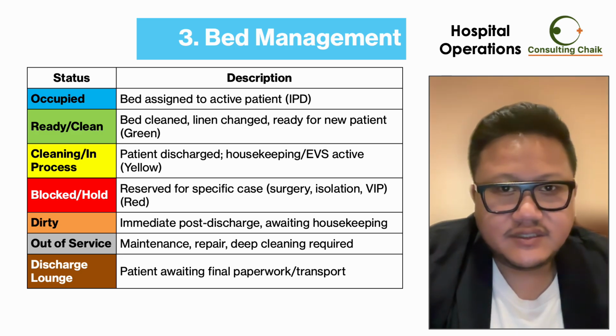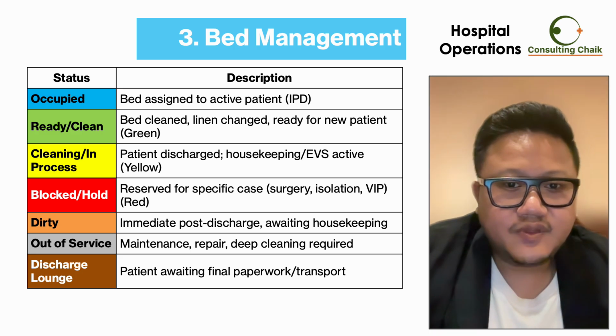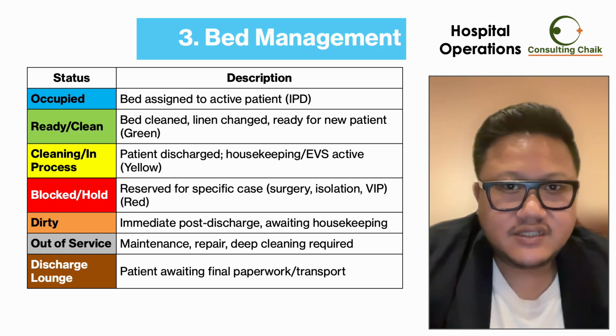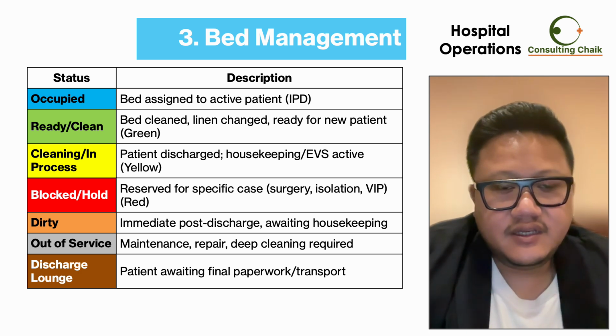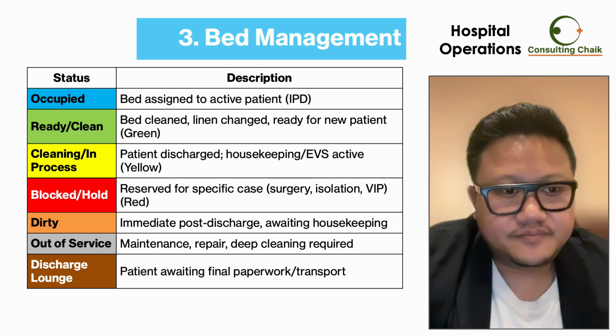After discharge, the bed is there, so they are cleaning. The difference between yellow and orange is that yellow is just before a patient moves in, the bed is being cleaned, and orange is just after discharge. Now they are cleaning the bed room or the bed.